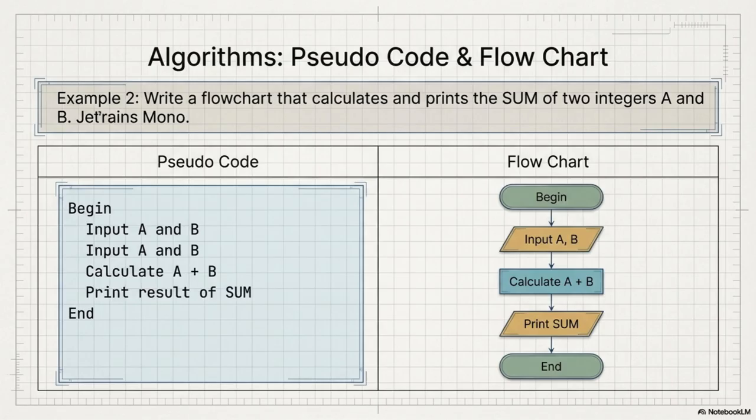So this represent the process, the rectangle shape. Okay, processing, calculation, the mathematical notation like addition, subtraction, and then the print sum again in parallelogram as an output. And then you close the program with another oval shape with the end.